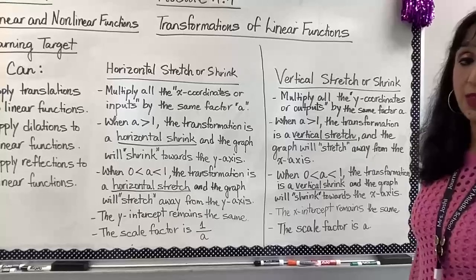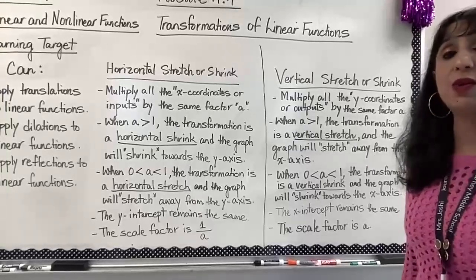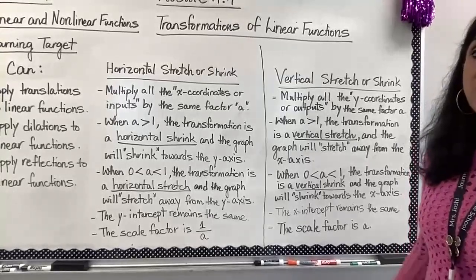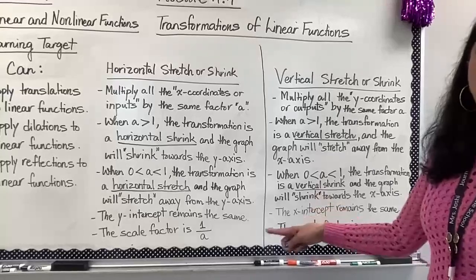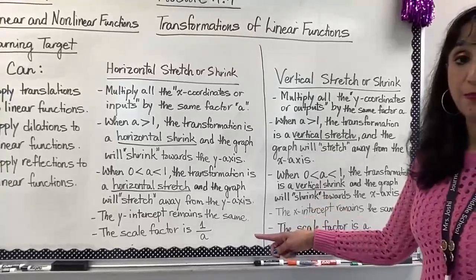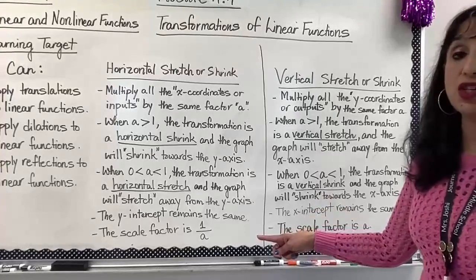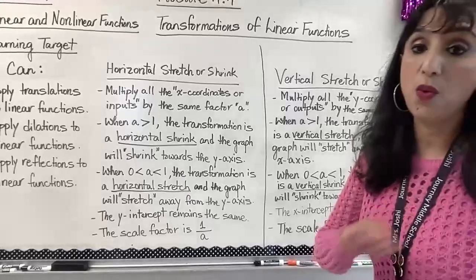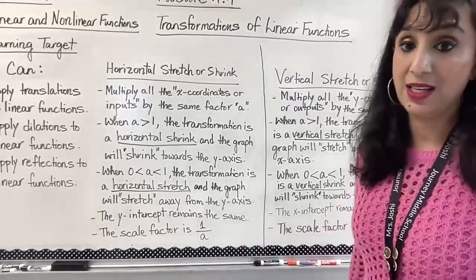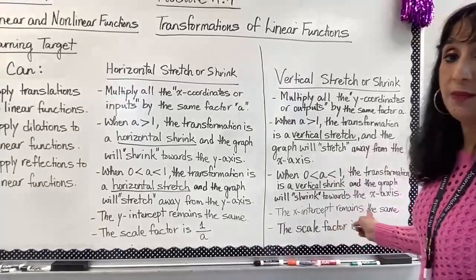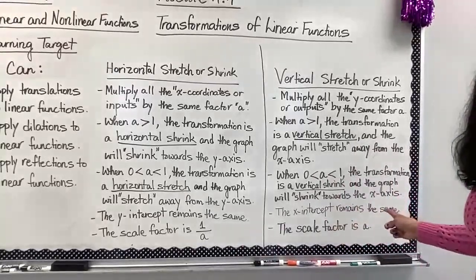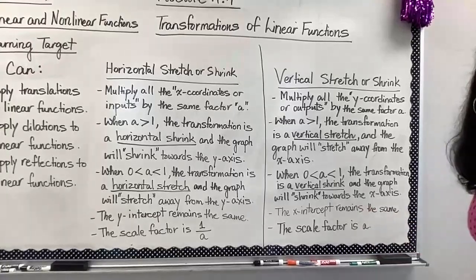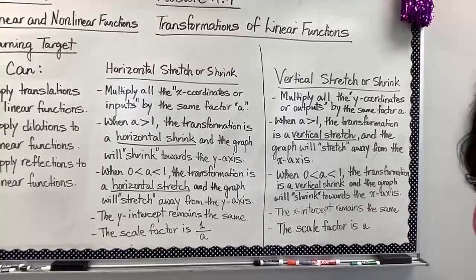Now let's look at what happens when a is greater than 0 and less than 1 for the horizontal stretch. The transformation is going to be a horizontal stretch, and the graph will stretch away from the y-axis. Whereas in the other one, the transformation is going to be a vertical shrink, and the graph will shrink towards the x-axis.